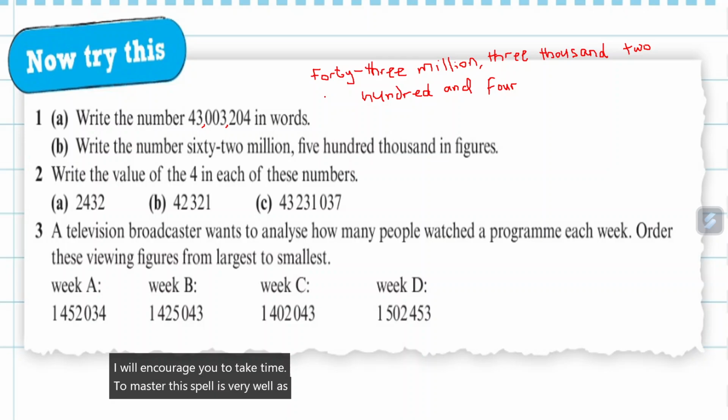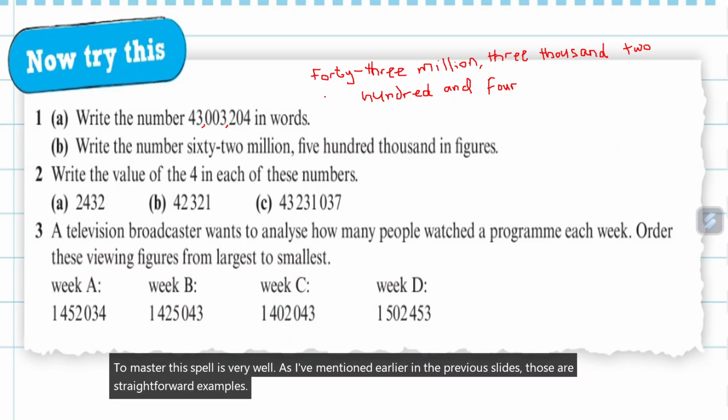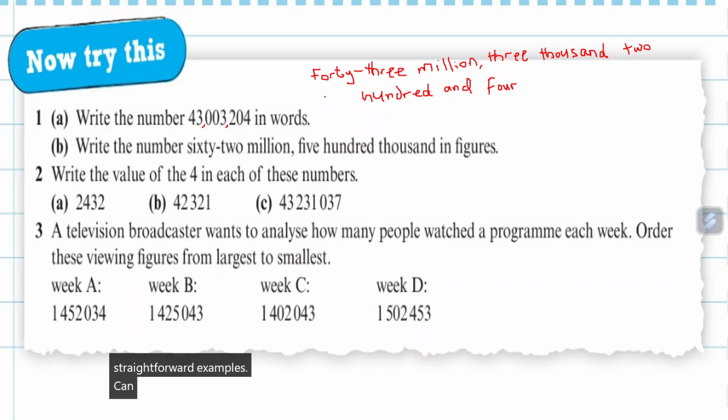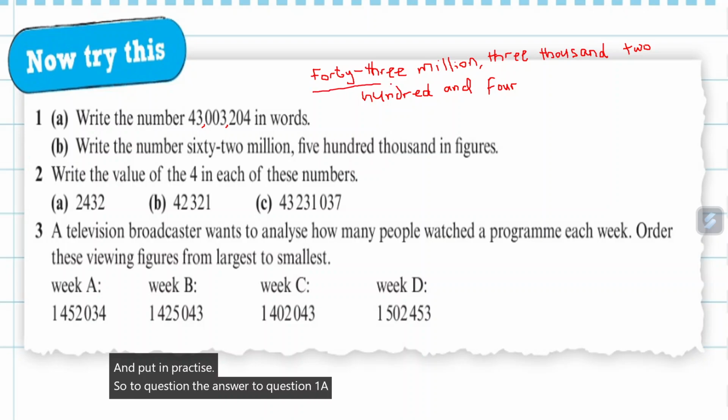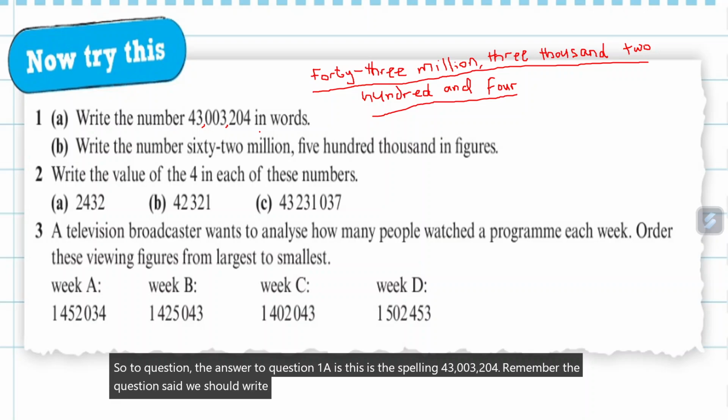As I've mentioned earlier in the previous slides, those are straightforward examples that can be read easily and put in practice. So the answer to question 1A is this spelling for 43,003,204. Remember, the question said we should write this in words. So this is the answer.